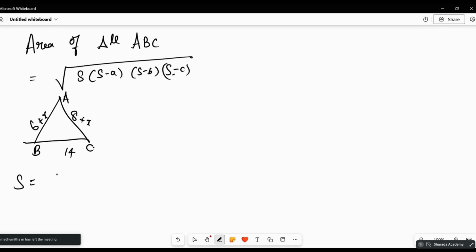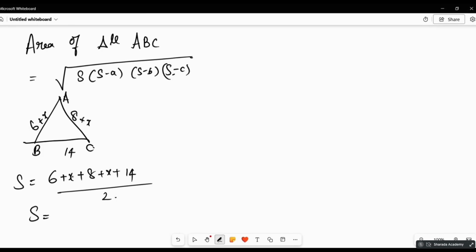It is half of the perimeter, that is 6 plus x plus 8 plus x plus 14, by 2. So S is equal to 2x plus 28 by 2, I can take 2 common and cancel the 2s here. So S is equal to x plus 14.